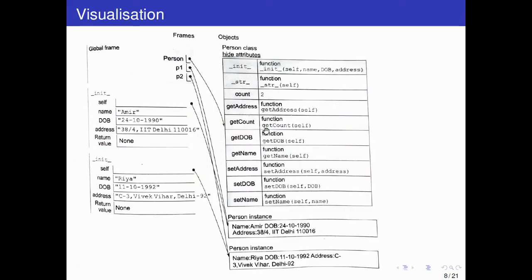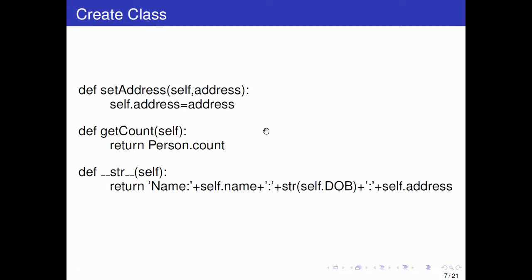If you have noticed, we have used here def __str__(self). So this __str__ is the default constructor. It has only one argument.